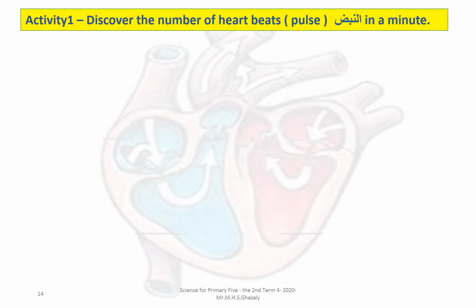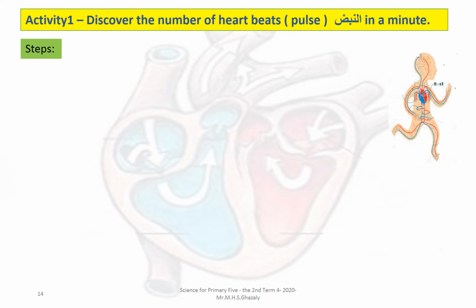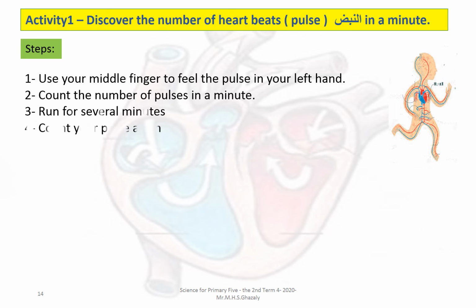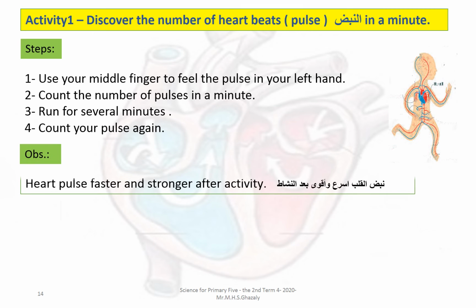Activity 1. Discover the number of heartbeats, the pulse, in a minute. Steps. Number 1, use your middle finger to feel the pulse in your left hand. 2, count the number of pulses in a minute. 3, run for several minutes. 4, count your pulse again. Observation: the heart pulses faster and stronger after activity.